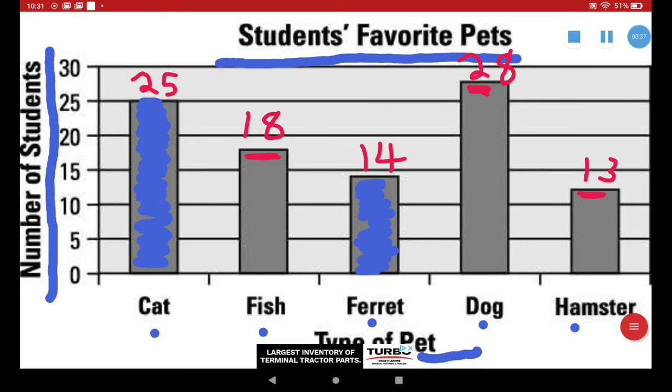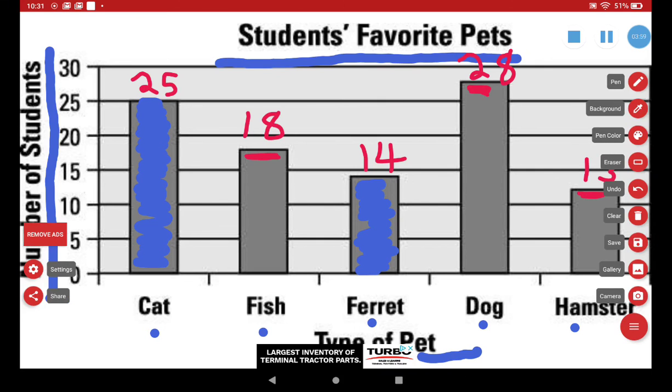All right, 5th grade. Now that I've figured out which number each bar represents, I can start to interpret the data. Based on this graph, which pet was the most favorite? What I mean is, which pet had the most students choose it? I think you can easily see, that's going to be dog.